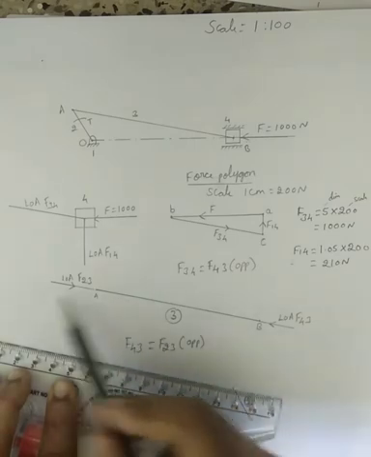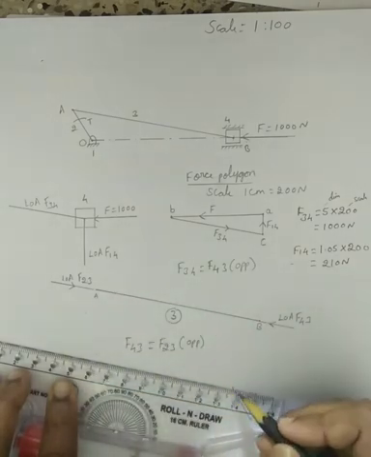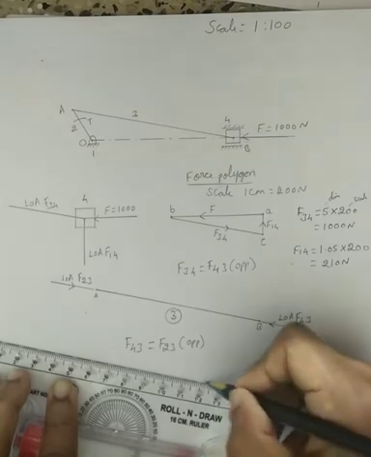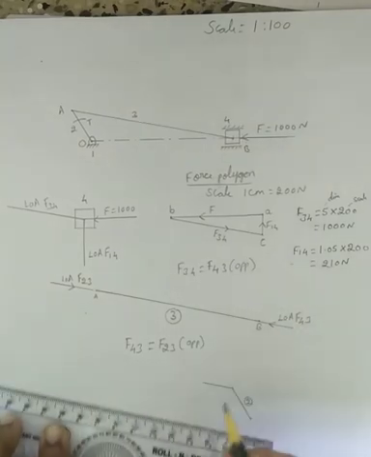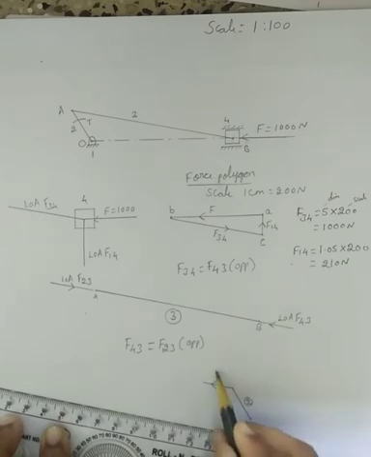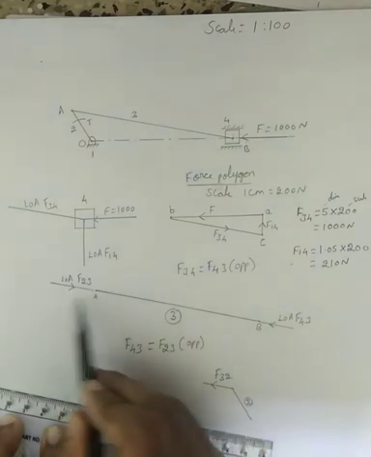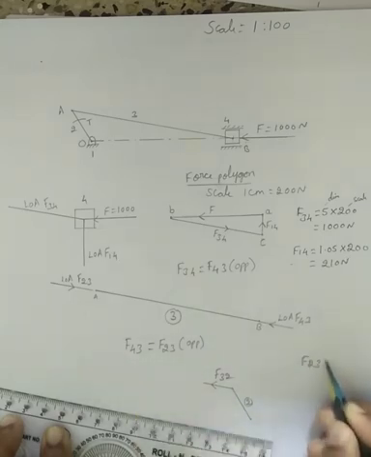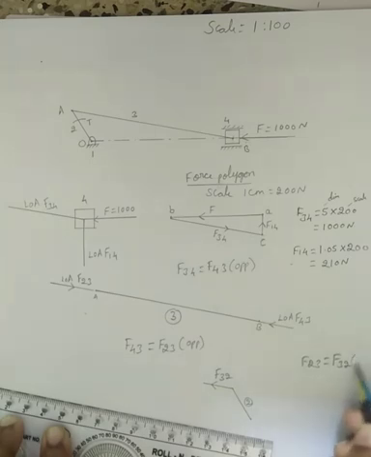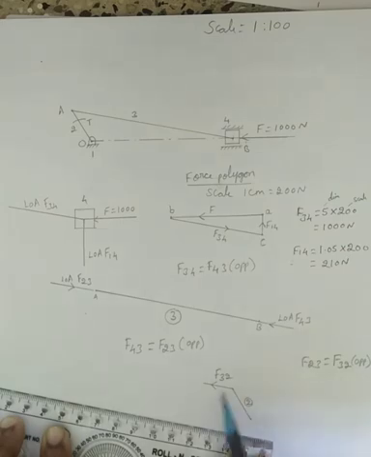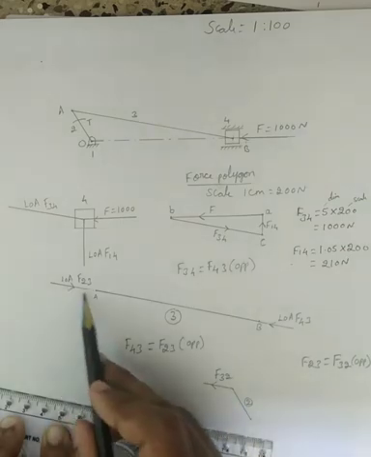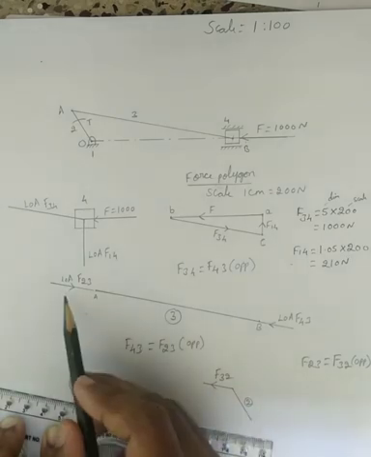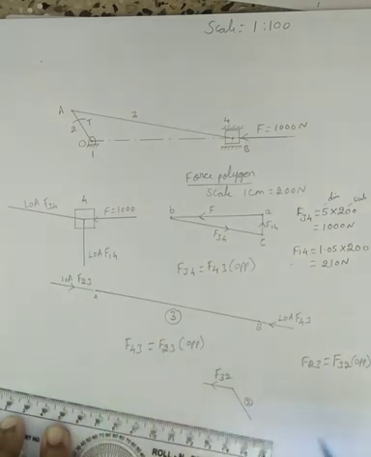Since F23 is acting downwards, F32 will act upwards, because F23 is equal to F32 but opposite in direction. Same line of action, but if one acts downwards, the other will act upwards.